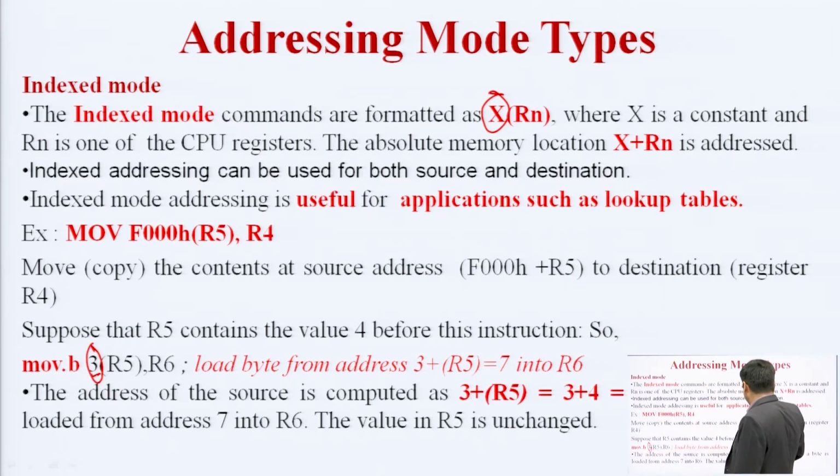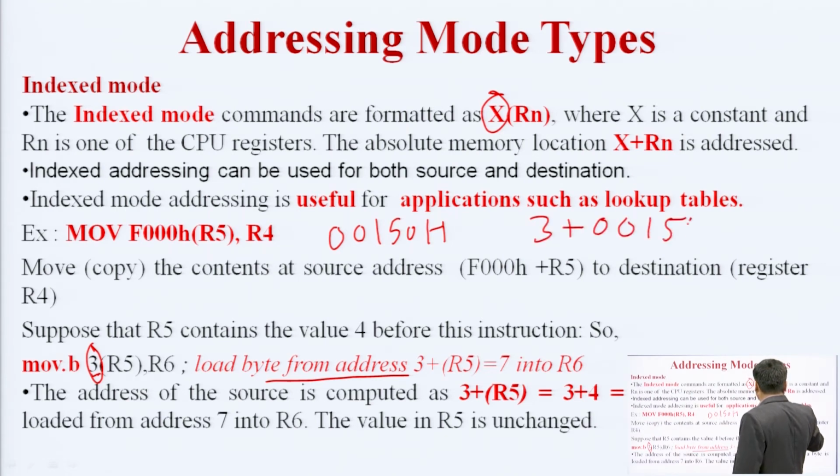R5 may be any value, let us say we are considering 00150H. So we load a byte from address 3 plus R5. What is 3 plus R5? 00150 plus 3 gives 00153.